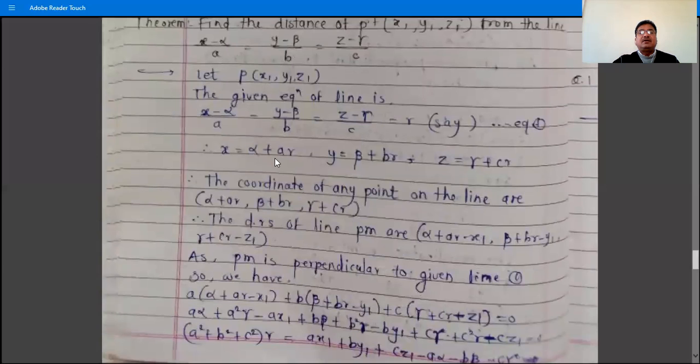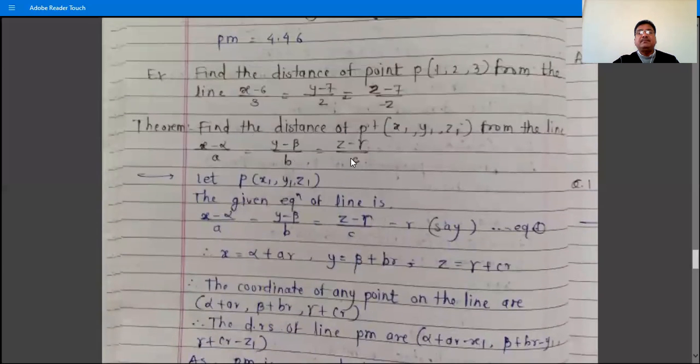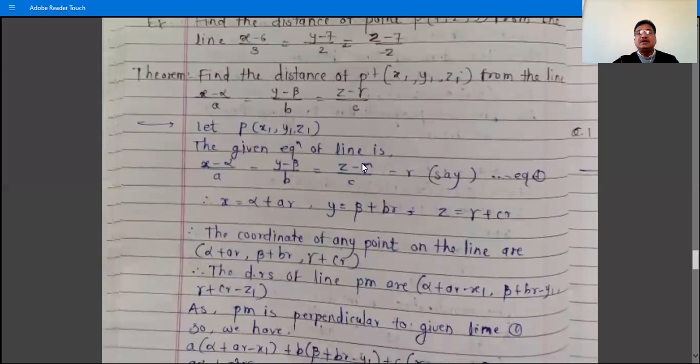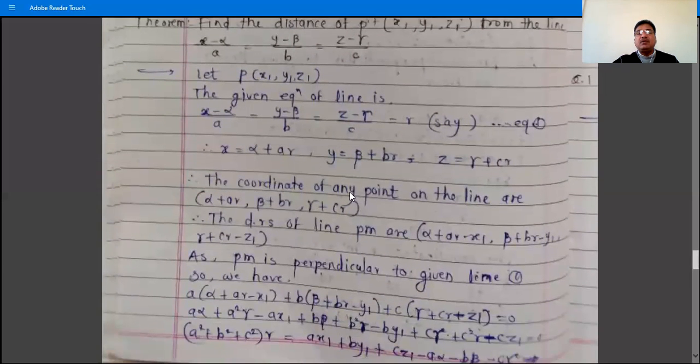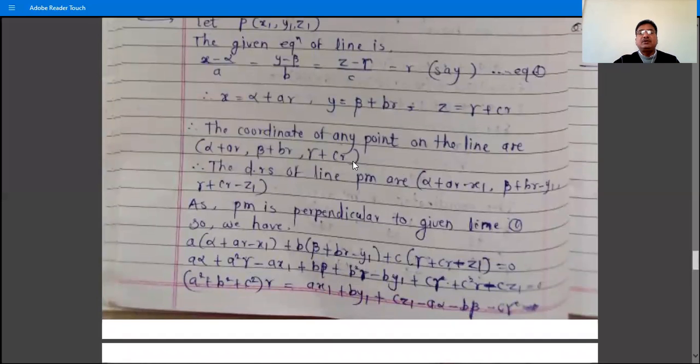Suppose x1, y1, z1 is the point P, and the given equation of the line is (x minus alpha) by a, (y minus beta) by b, (z minus gamma) by c, equal to R say. Then x is alpha plus aR, y is beta plus bR, and z is gamma plus cR. So the coordinates of a general point on the line are (alpha plus aR, beta plus bR, gamma plus cR).